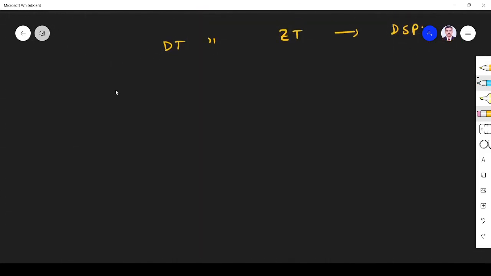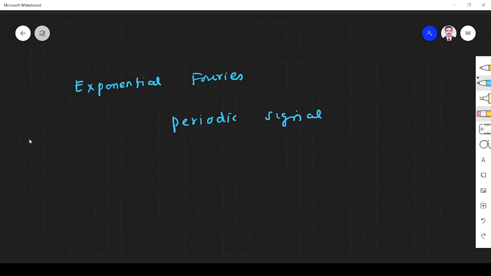Next, Fourier series. For communication engineering, the main thing we need is exponential Fourier series, right? Fourier series means continuous time Fourier series. Why are we using it? For analyzing periodic signals.